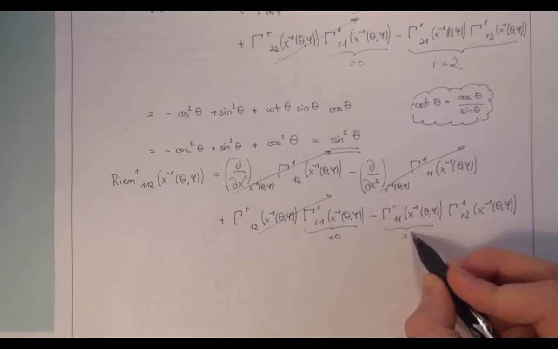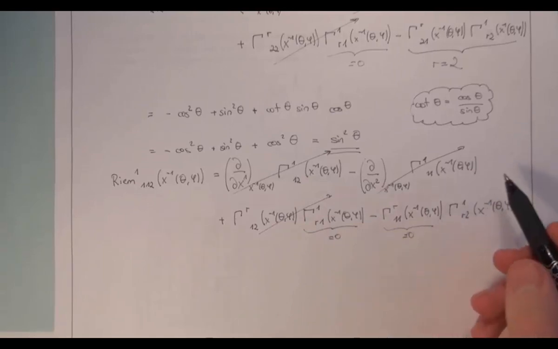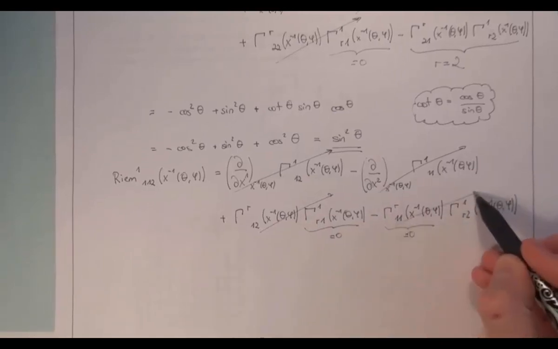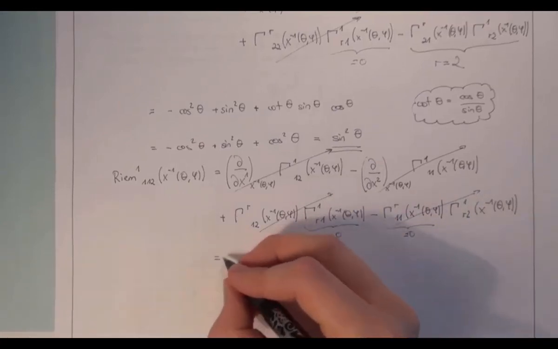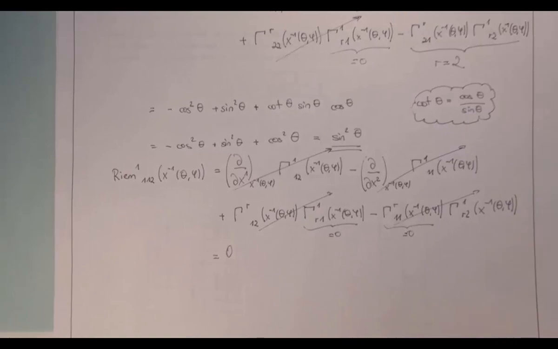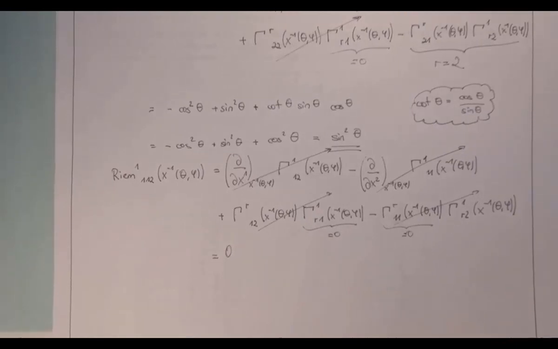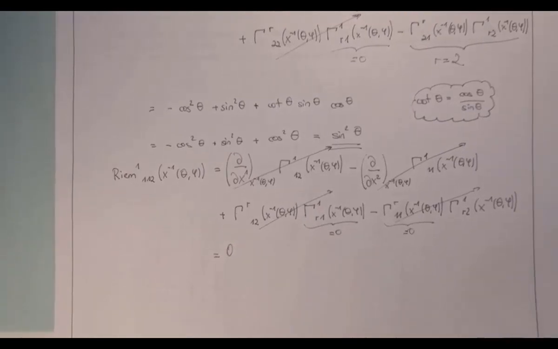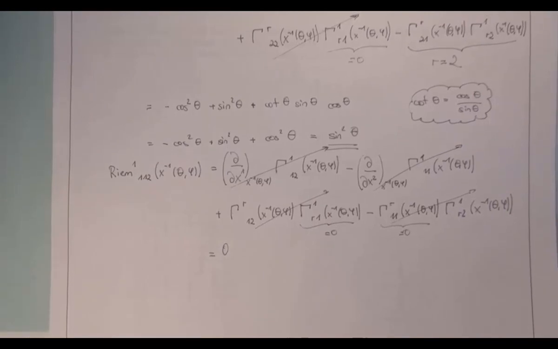Well, that is also vanishing independently of R, so this term is also gone, and we find that this component of the Riemann curvature vanishes. So now we have seen an example for the explicit calculation of the components of Riemann curvature.